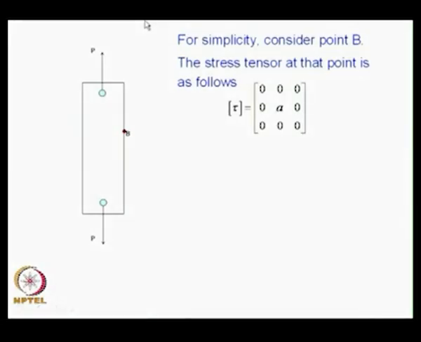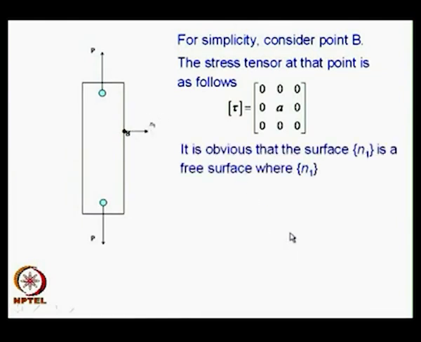Now, I know the stress tensor, and you also know that this surface is a free surface. A free surface is defined by the outward normal, and that normal we can also find, which is given as n1, and the direction cosines are very simple to write. The direction cosine is nothing but 1 0 0.